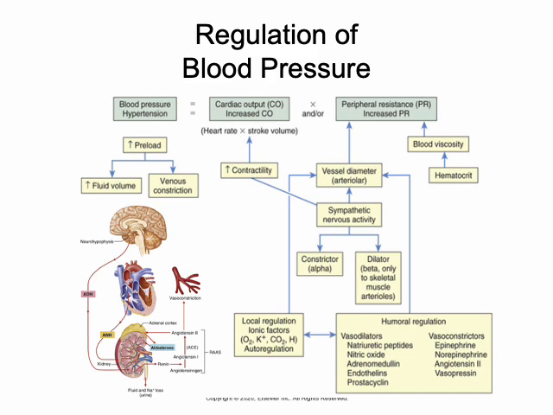Now let's look at the effects of the other mediators. These have been demonstrated to cause arteriolar vasodilation or vasoconstriction. Some of the vasodilating mediators include nitric oxide, and we also have ADM, which is adrenomedullin, the endothelins, and prostacyclin.